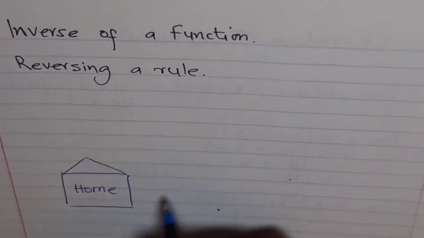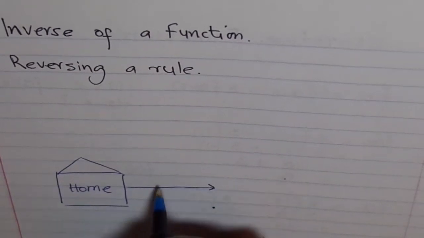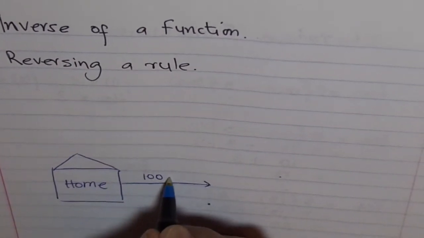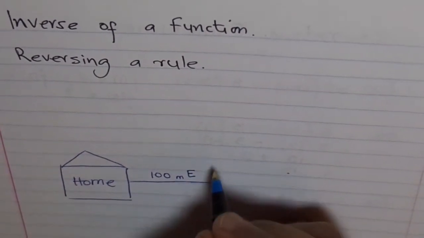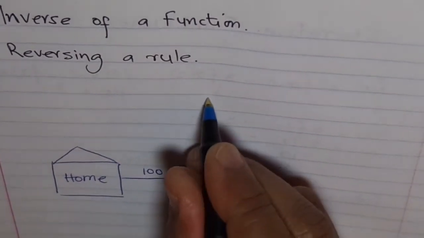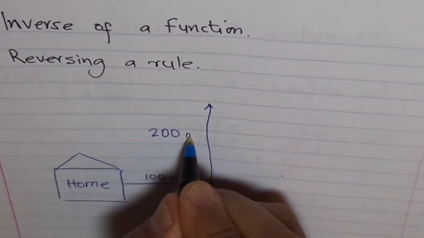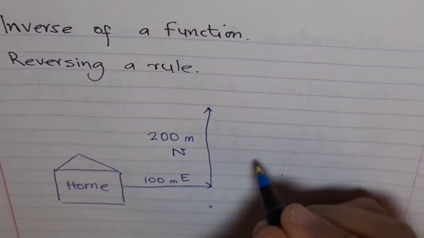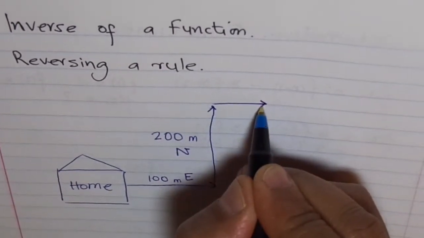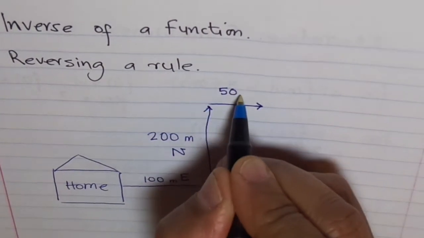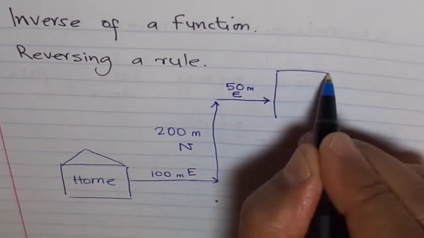So from home he walks 100 meters east, and then takes 200 meters north, and then goes 50 meters east and reaches the school.